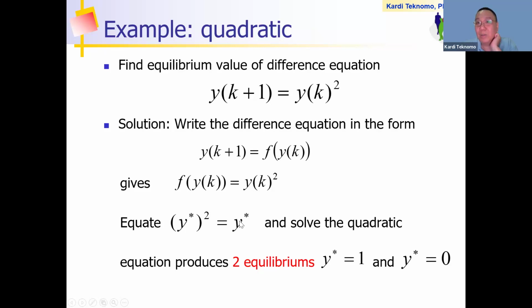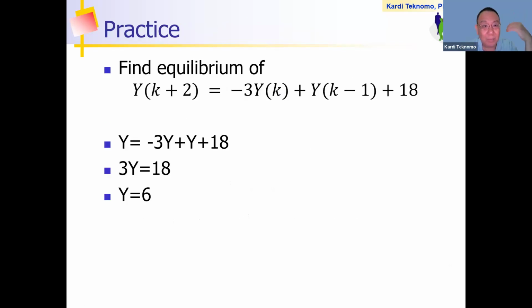Then you put that equal to y star. So this one is y star squared equals y star. You solve this quadratic equation and you get two equilibria, which are y star equals 1 and y star equals 0. Why is equilibrium important? Because of stability. A system can be stable or unstable.